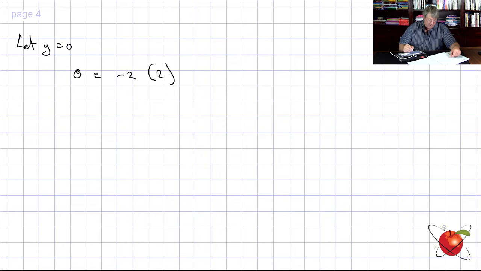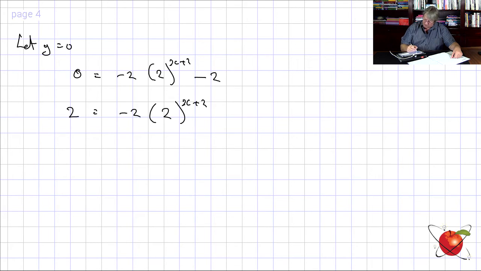So we say, okay, my next is let y equal naught. So I say 0 is equal to minus 2 times 2 to the power of x plus 2, minus 2. What do? I take that over. I say 2 is minus 2 times 2 to the power of x plus 2.